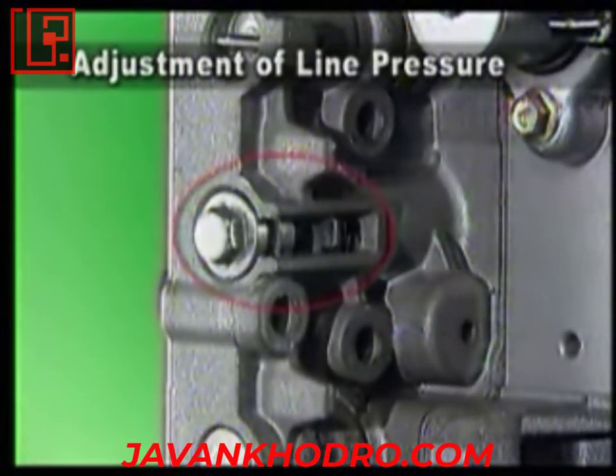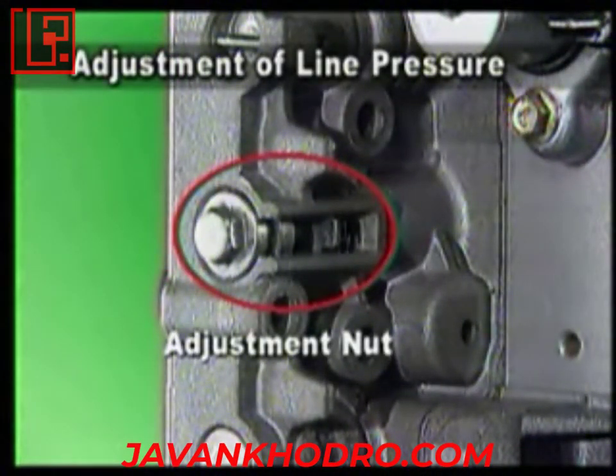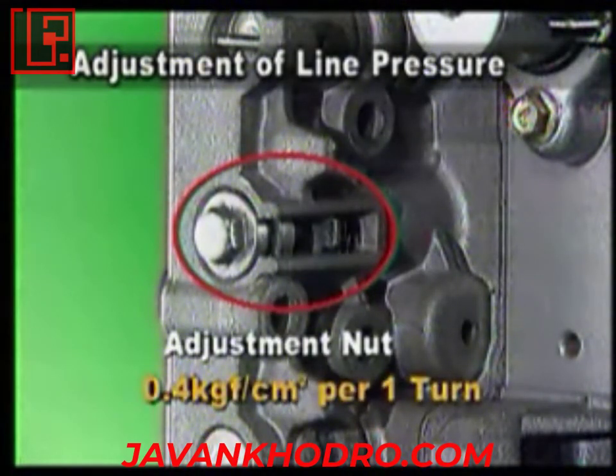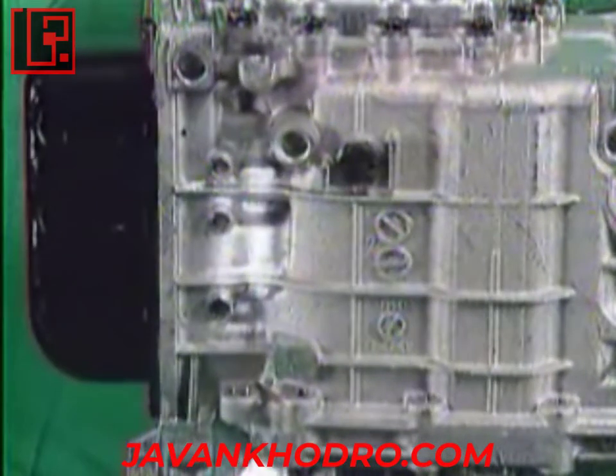Line pressure is adjustable both for 4 and 5 speed, using the adjustment nut at the end of the regulator valve. Approximately, pressure of 0.4 kilogram force per centimeter squared changes per rotation of adjustment nut.